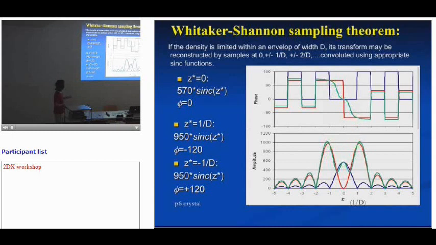And at 1 over d and minus 1 over d, my amplitude is maybe only slightly off from the original 950. And its phases also remain the same. That's because for the z equal to 0 term, the amplitude drops to 0 when it gets to 1 over d.